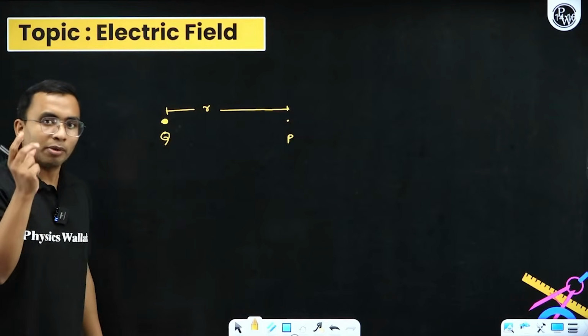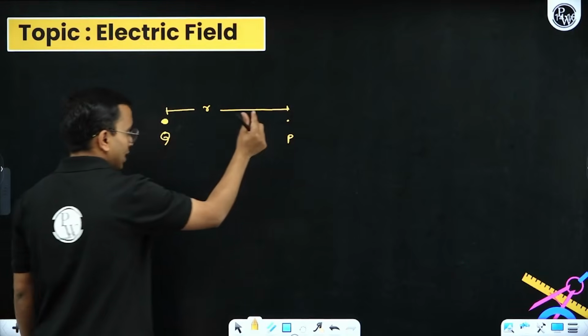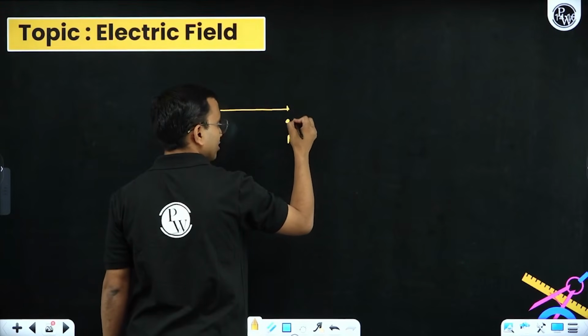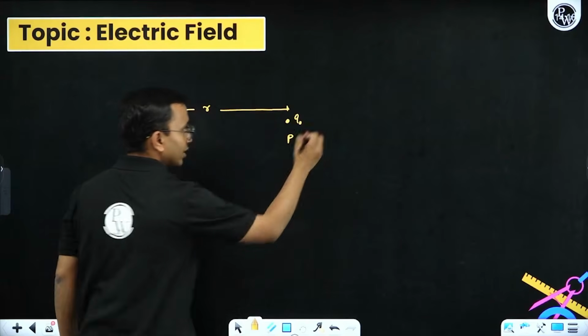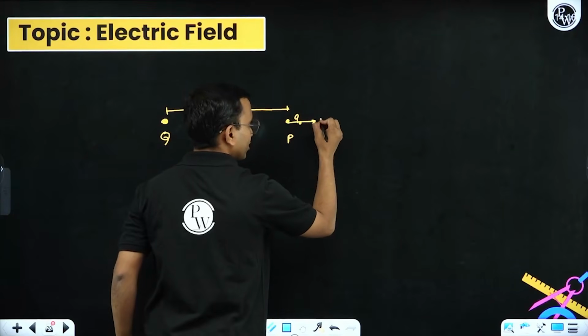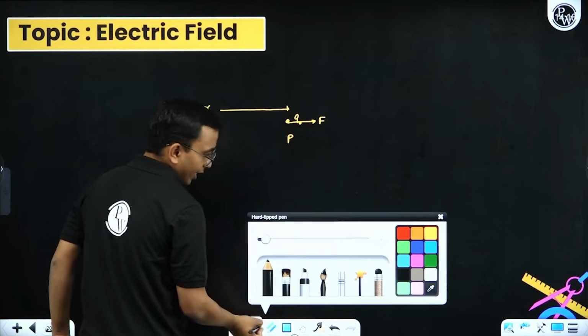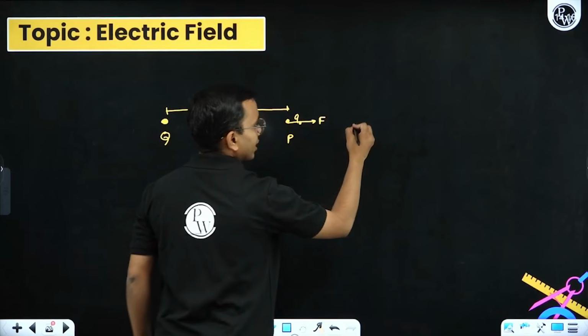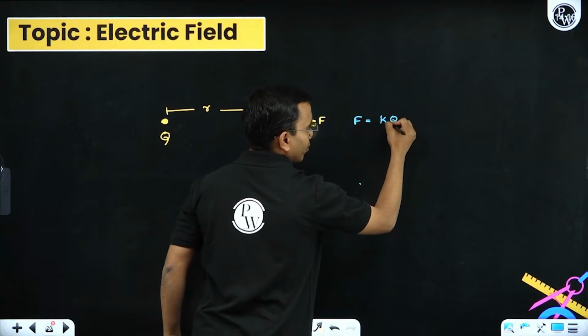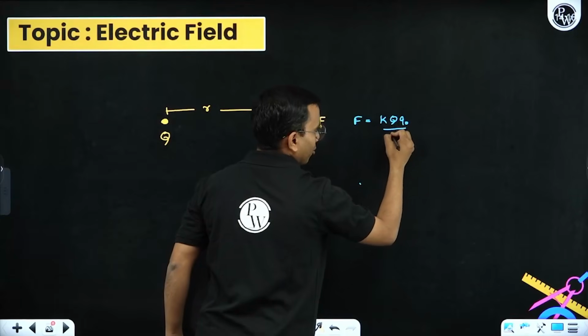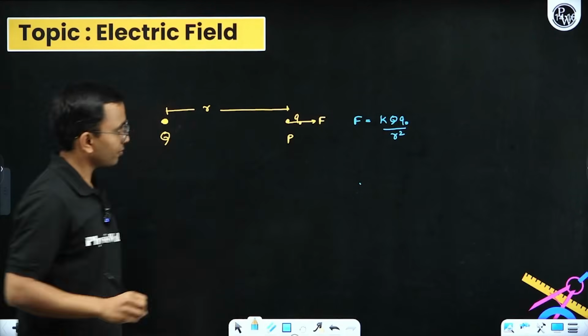What I will do is bring a test charge and place it here. Let us take this test charge as Q naught. I will find the force on this test charge, which is in this direction F. So this F is K Q Q naught by R square.